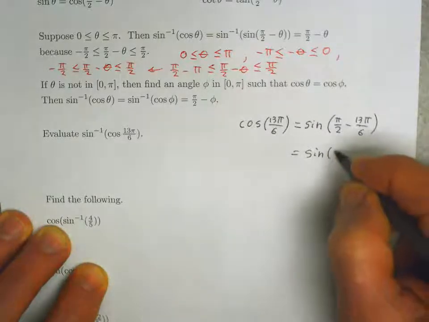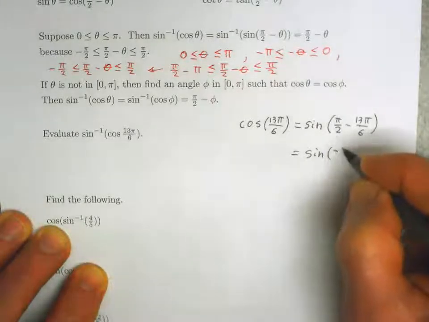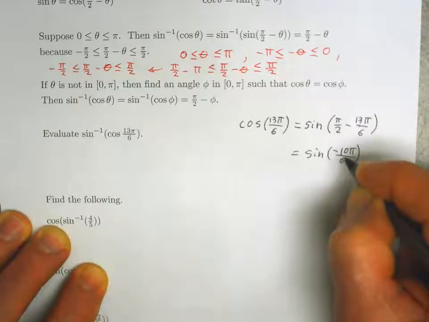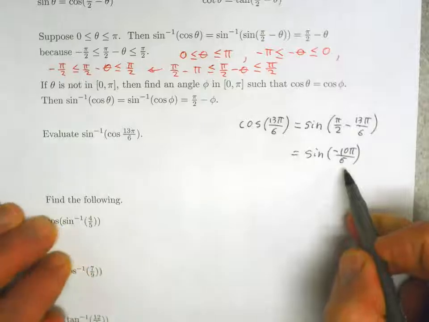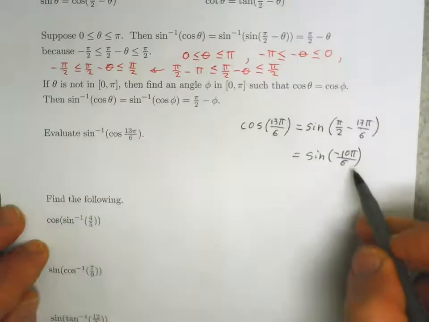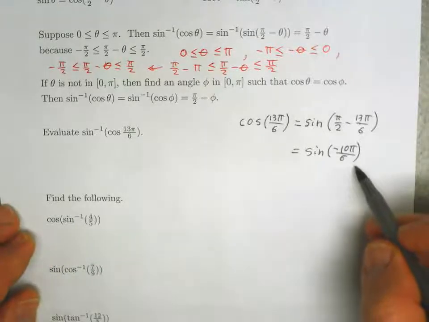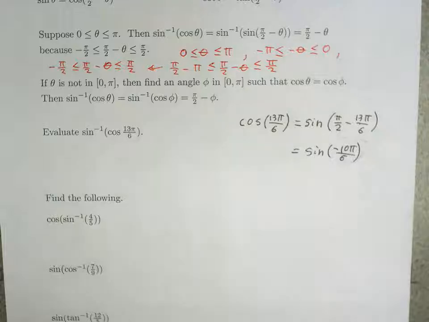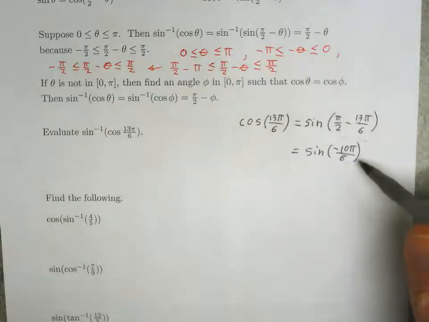But this becomes sine of negative 10 pi over 6. We can simplify this further, but the important thing is that this angle is not between negative pi over 2 and pi over 2.